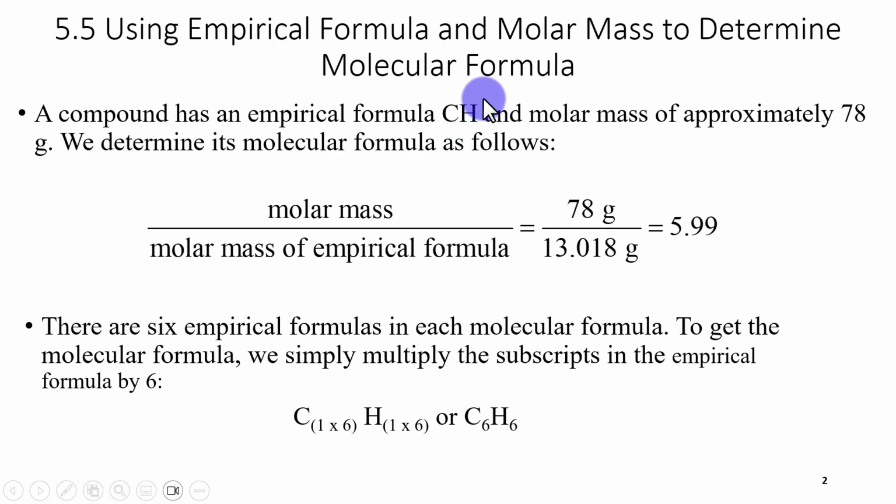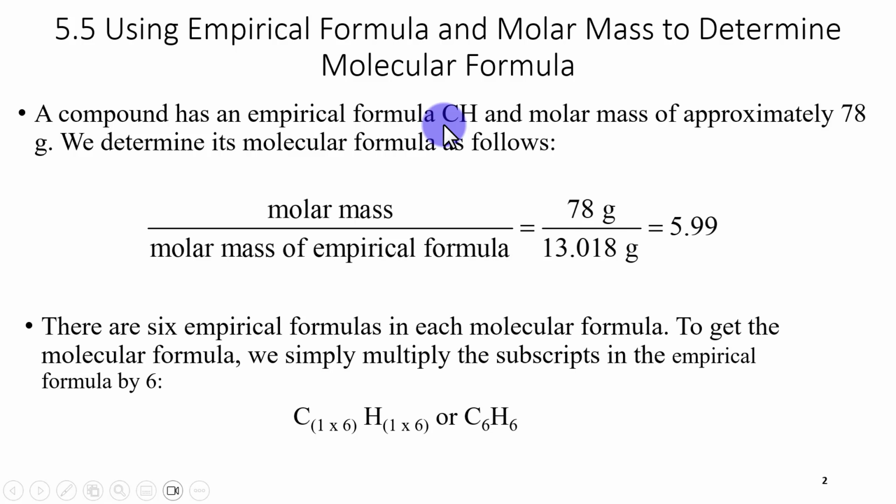And that's why this is a simplified version of the true molecular formula. So I am given the molar mass of 78 grams, which tells me the molar mass of that compound. That goes on top. And I just have to calculate the molar mass of just the empirical formula.